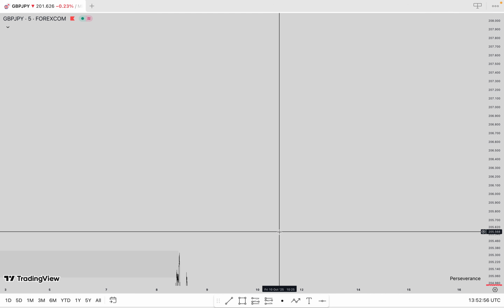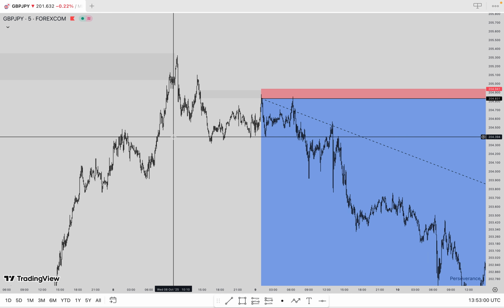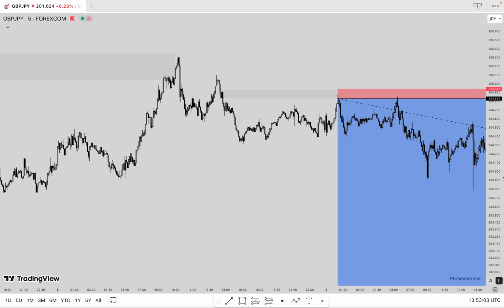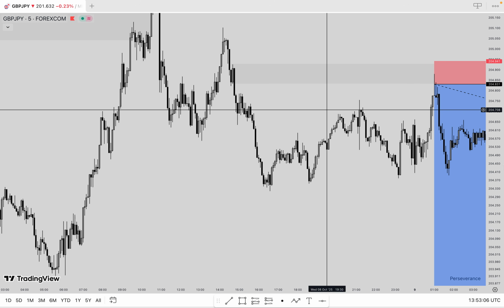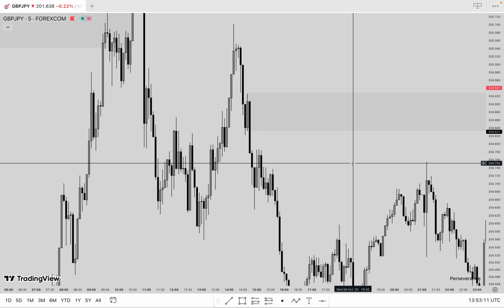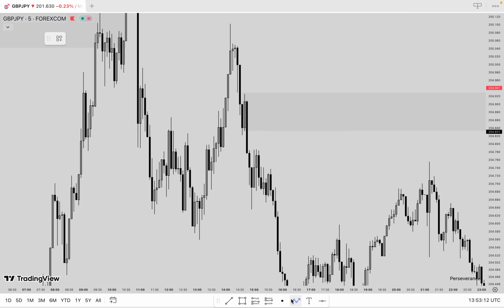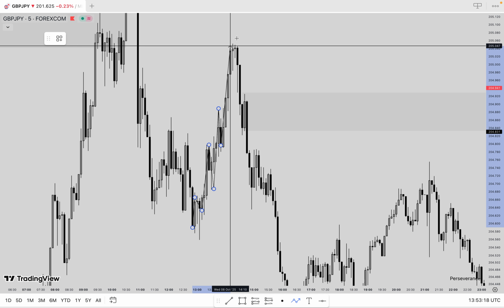Now in the 5 minute time frame, what you are looking for is the reversal aspect of the entry model, which is the market structure shift. So in the 5 minutes time frame, we can see that price was creating these higher highs and higher lows, higher highs, higher lows, higher highs.